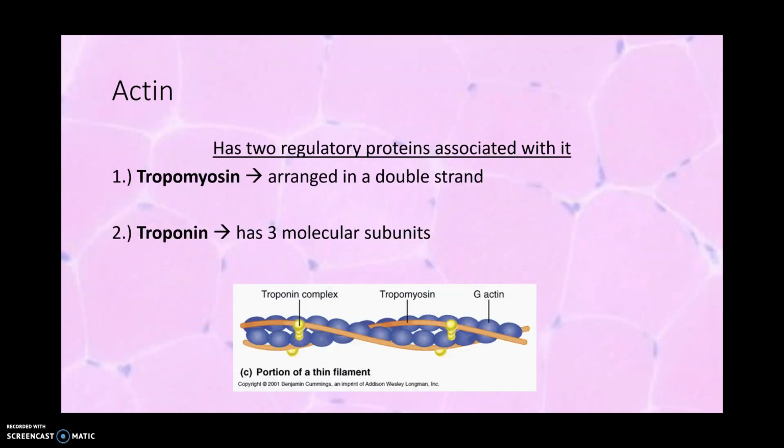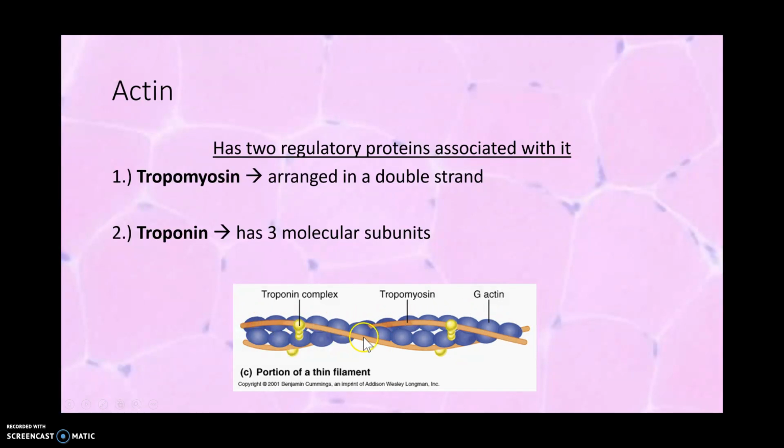So let's go over that really quick. Here, in this troponin complex, we need an increase in calcium in the cell in order to bind to one of these troponin units. The third molecular subunit of troponin, we need calcium to bind to. When that happens, that will cause a shift in the tropomyosin strand.